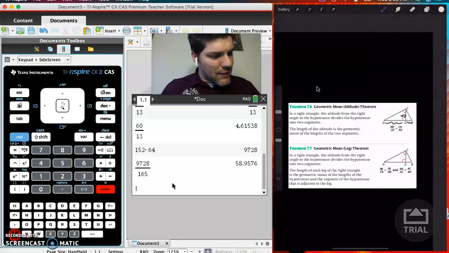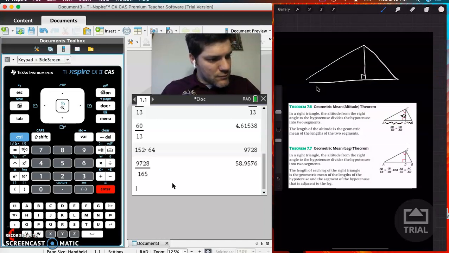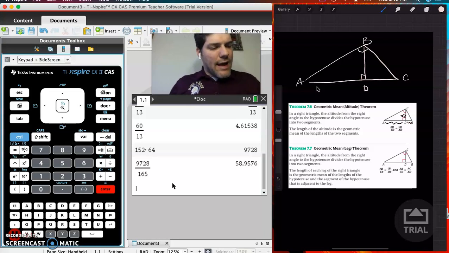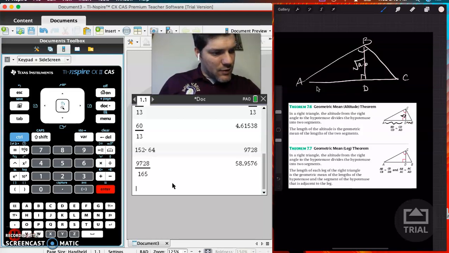If we go and create that here, I can draw a triangle. I'm going to call this A, B, C, D. And I'm going to say this right here is the square root of A times B, where A is here.